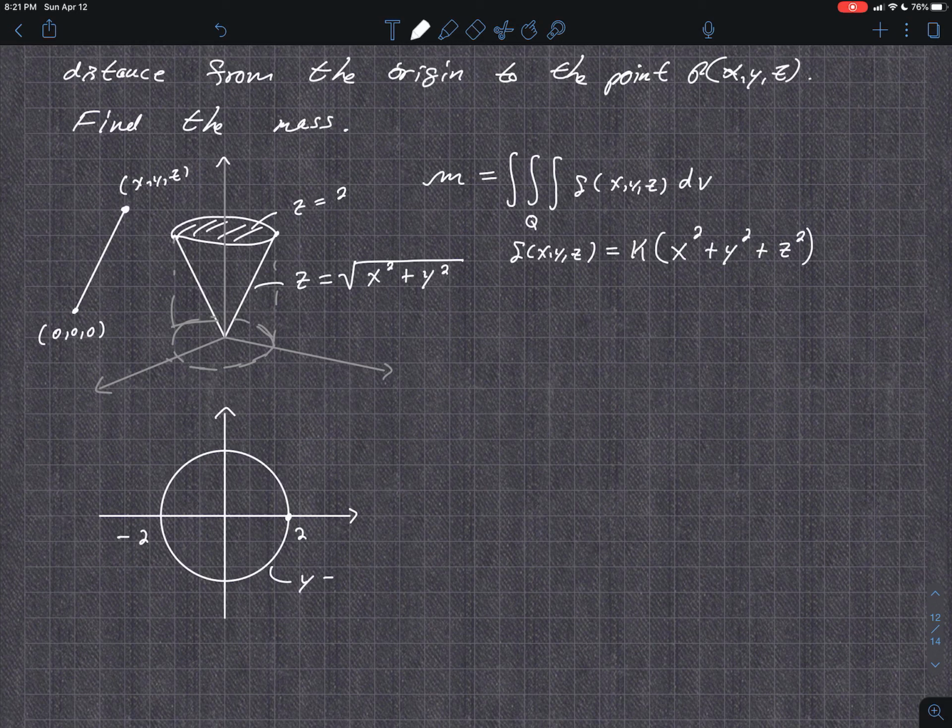The lower half is going to be, well, write down the function first. It's x squared plus y squared equals 4. So the lower half is negative the square root of 4 minus x squared, and the top is positive square root of 4 minus x squared.